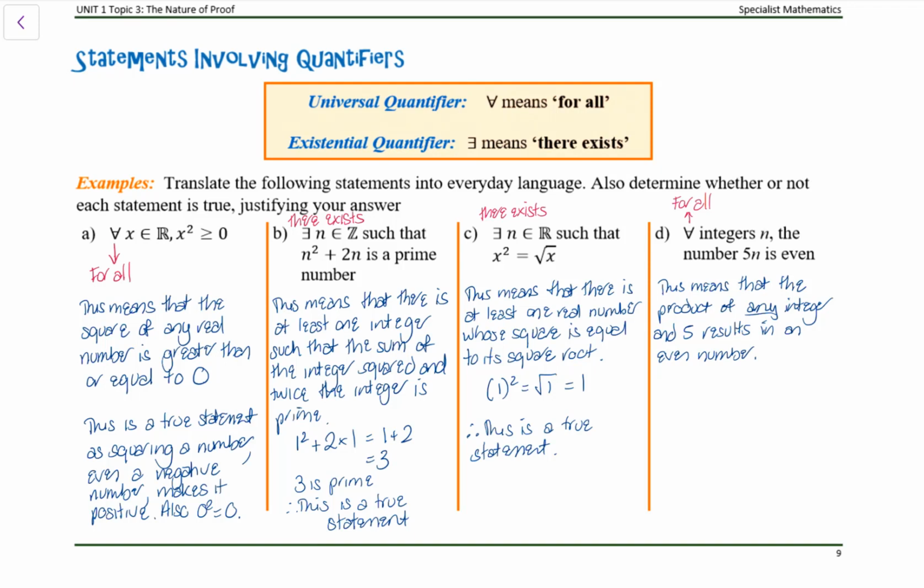If I let n equal 3, 3 times 5 is 15, that is not even. So therefore, this is a false statement because it needs to be true for everything.